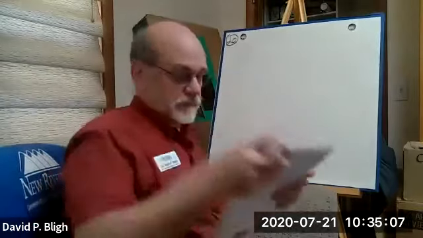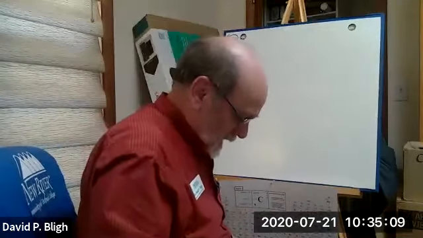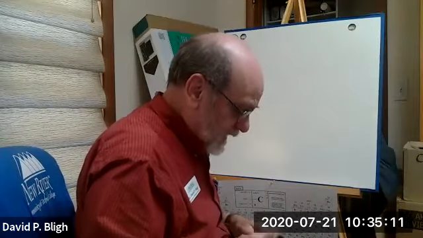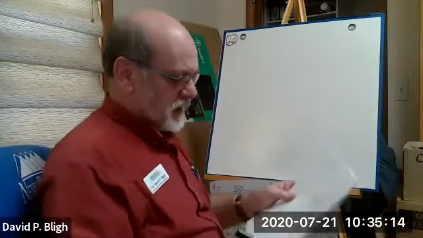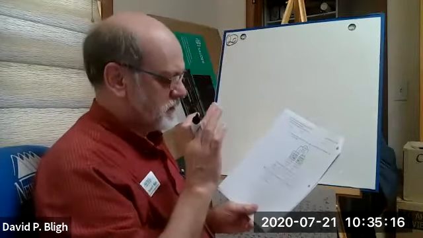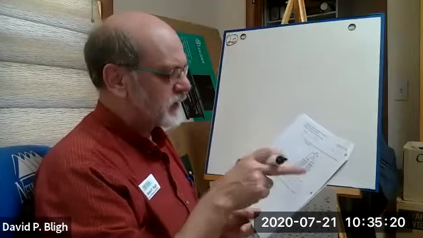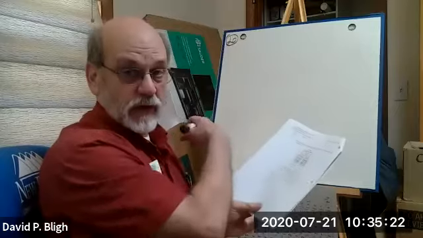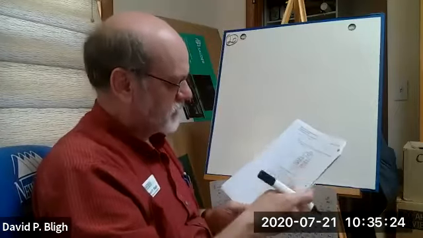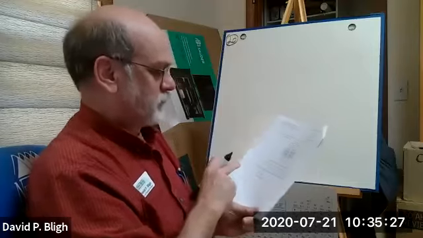Now the cell, let's confirm with the half reactions that are given whether or not the cell is written as anode left, cathode right. So let's look.